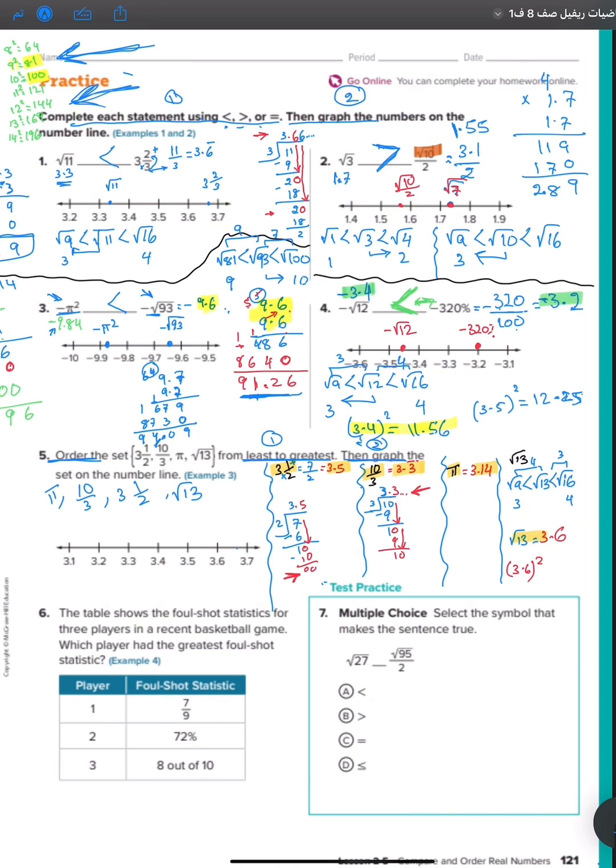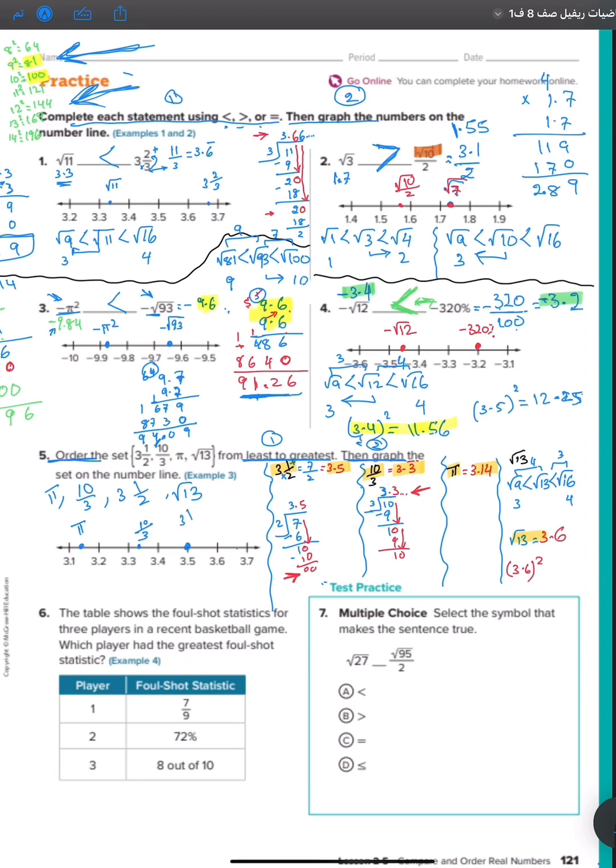Now we finish only question 1, which means order. Still we have the graph. Don't forget that. As we know, pi is 3.14, so it's not exactly 3.1, maybe here. I will write pi. 10 over 3 is 3.33333, so it's not exactly 3.3. It's here, 10 over 3. 3.5 is exactly here.